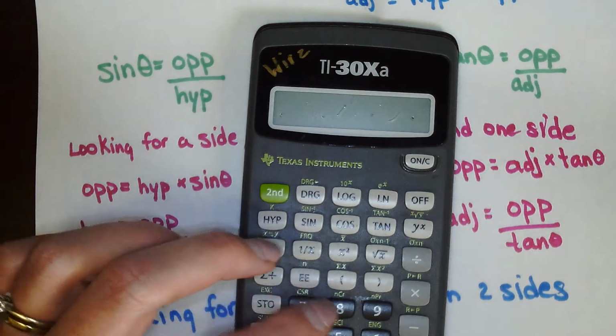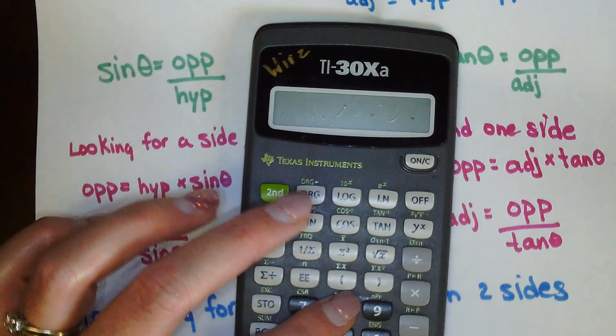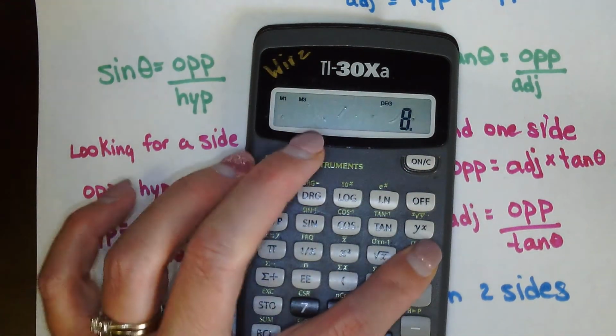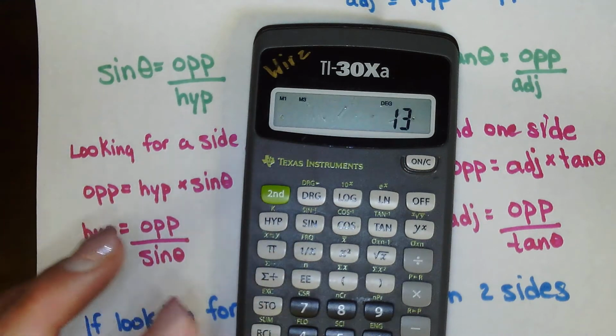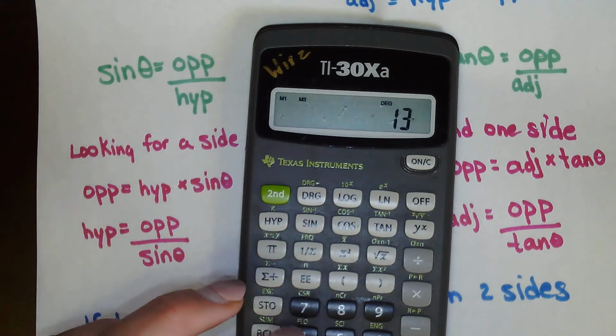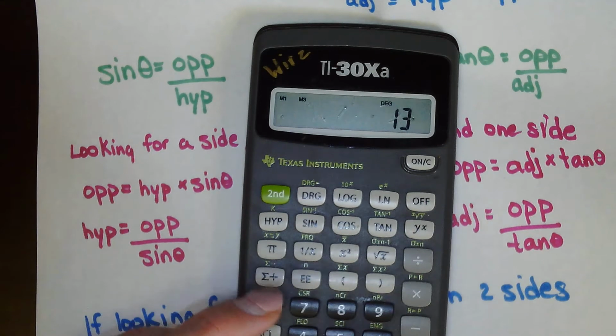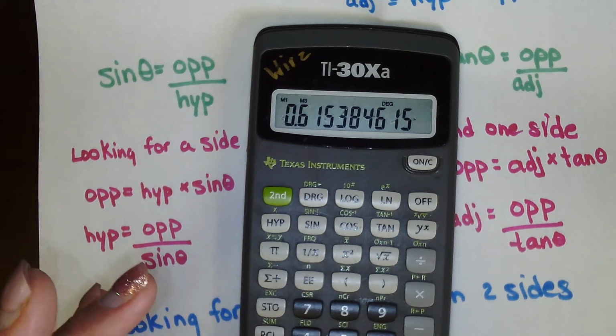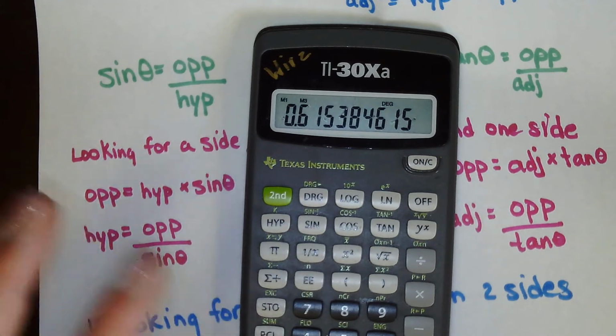Maybe if I had 8 divided by 13, maybe my opposite side was 8 and my hypotenuse side was 13. I've got a 4-digit number. I'm just actually going to keep all the digits on there. It's more than 4.